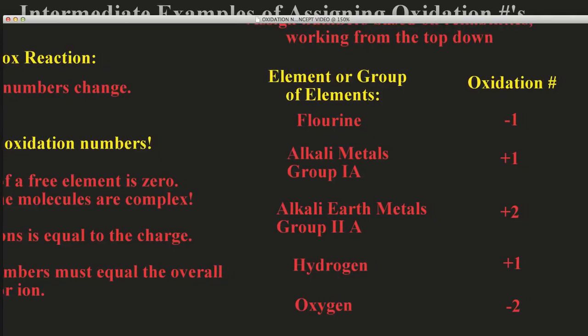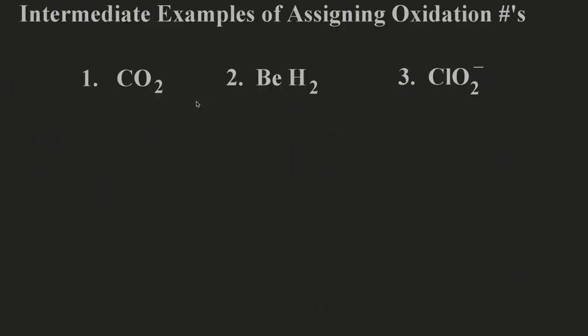Okay. So if I'm looking at CO2 was the first example, there's no fluorine, no alkali metals, no alkaline earth, but oxygen is present. So we put a -2 for oxygen, and we know that we have 2 of them. So times 2 is a -4.